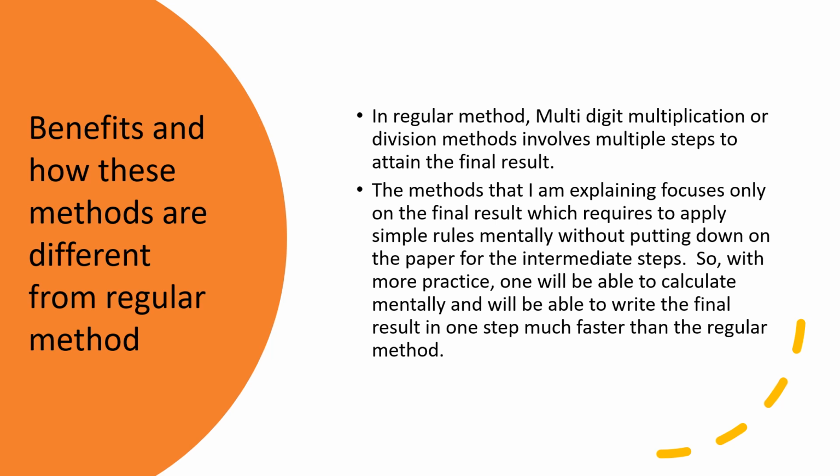However, these methods focus only on the final result, and all the intermediate steps are calculated mentally. You focus only on the final result and put it on the paper. This is how it benefits you to work on problems much faster than the regular method.